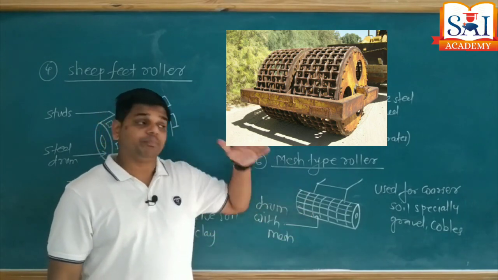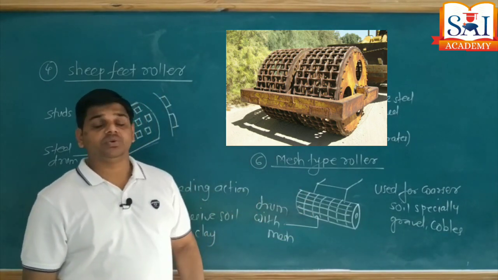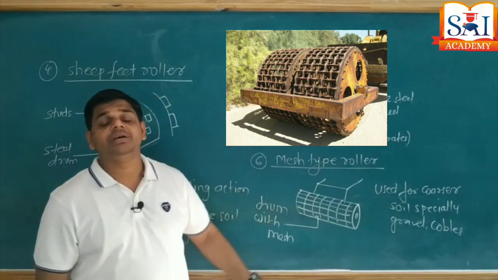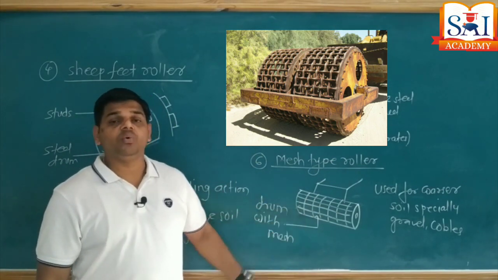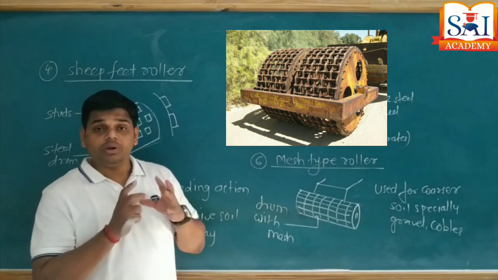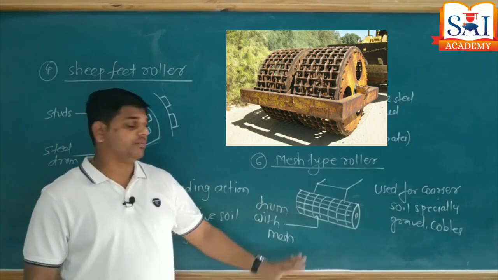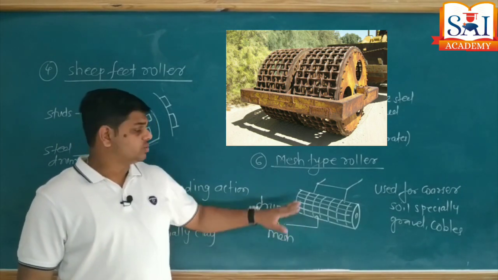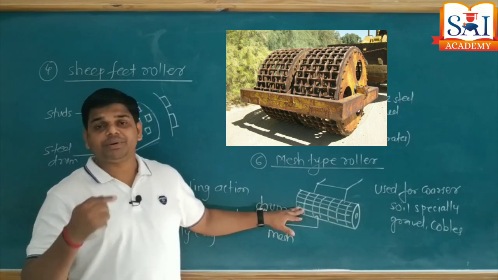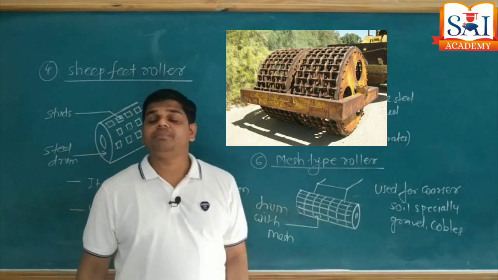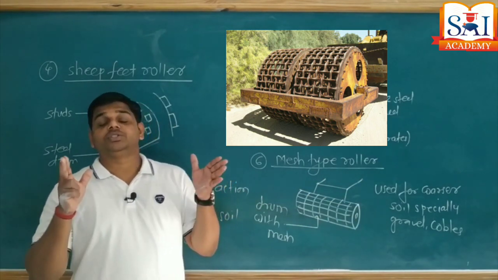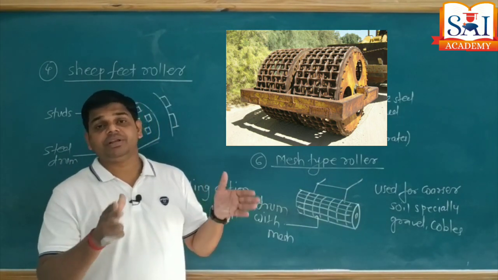That's why a mesh type of roller is used for placing stone particles over a ground surface, and it is practicable only for large size particles, not for cohesive soils. Again, the compaction pressure is applied using the front wheel, and the rear wheel is made up of a solid section of steel.